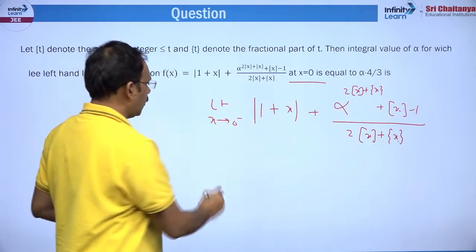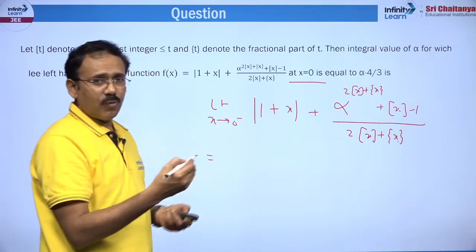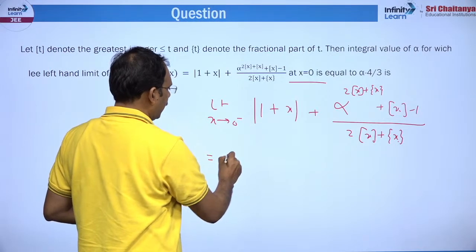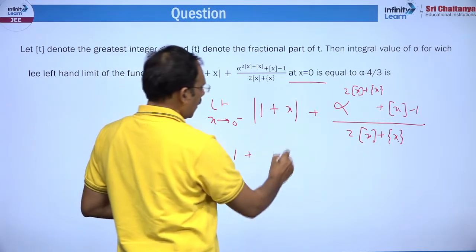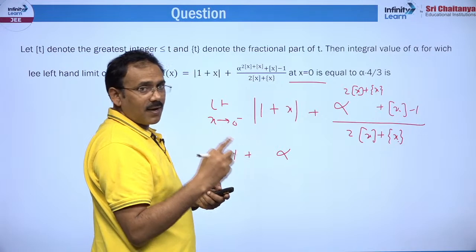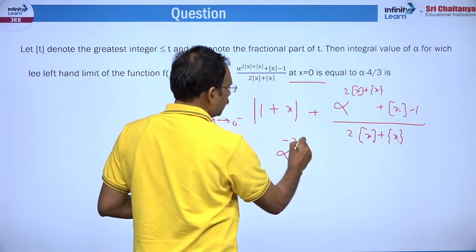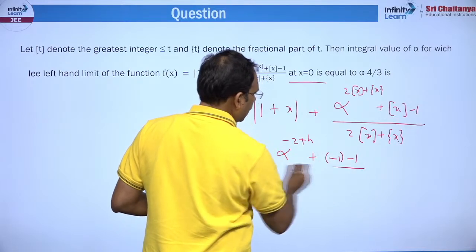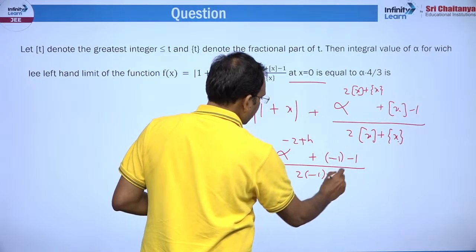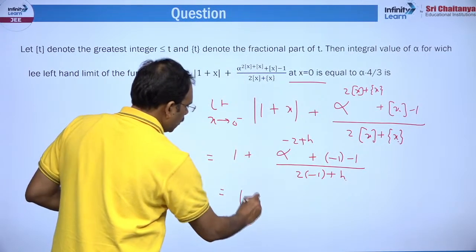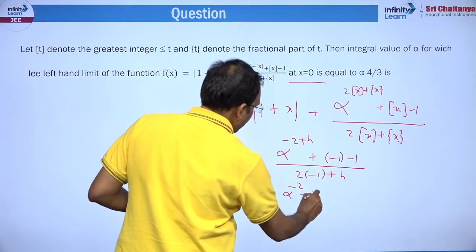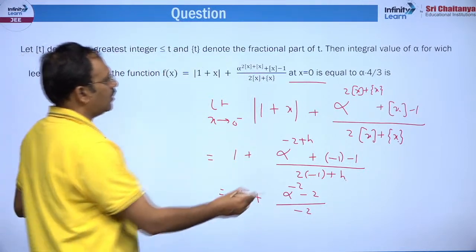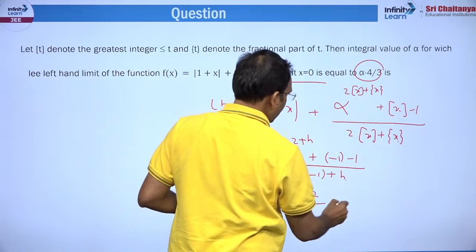As x tends to 0 minus, x is 0 minus h kind of, 1 minus h, the step will be 1 itself, plus alpha power, 1 minus h step will be minus 2 plus h, it is, plus this is minus 1 by 2 into minus 1 plus h. As h tends to 0, 1 plus alpha power minus 2 by minus 2. This is going to be alpha minus 4 by 3, my dear friends.